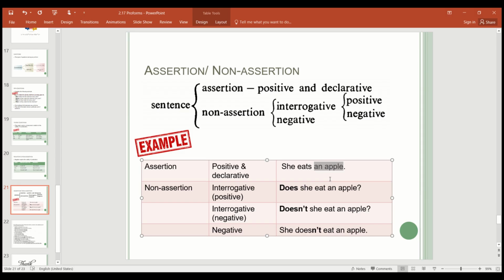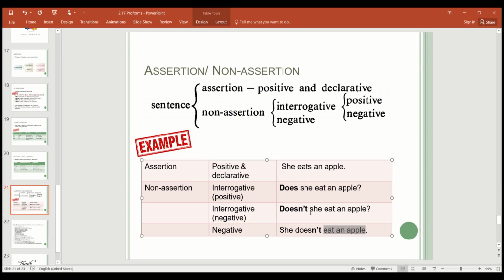With the case of assertion, the predication is confirmed, or asserted. While with the interrogative sentences and negative sentences, the predication is either under question or invalidated.